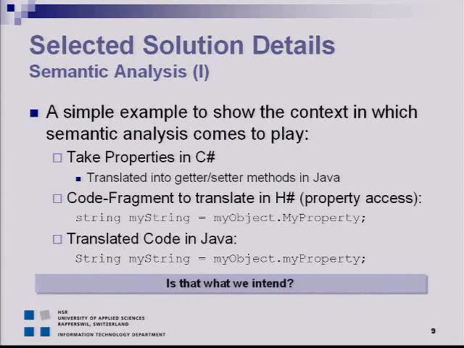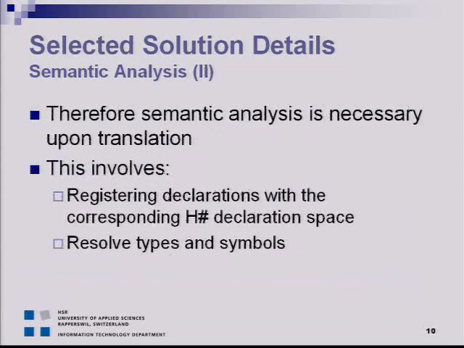But is that really what you need? Since Java does not implement properties, that is of course not correct. So you have to introduce a setter or getter method there. But first you have to know that this is actually a property and not a field of the object. So semantic analysis is a must at this point.